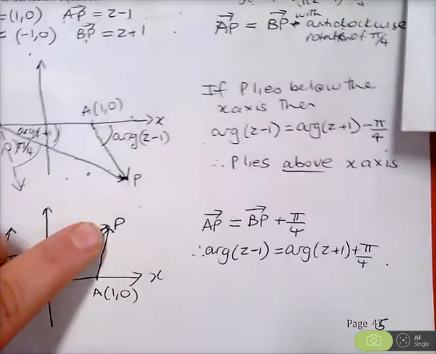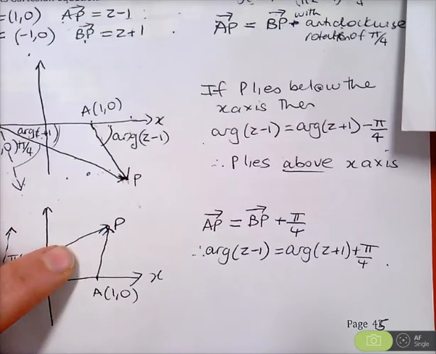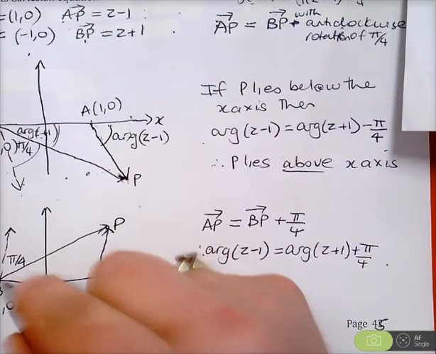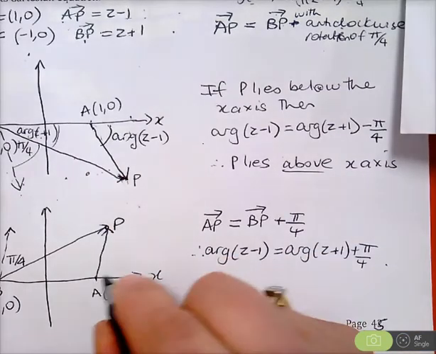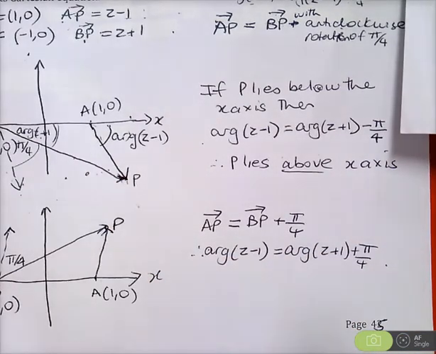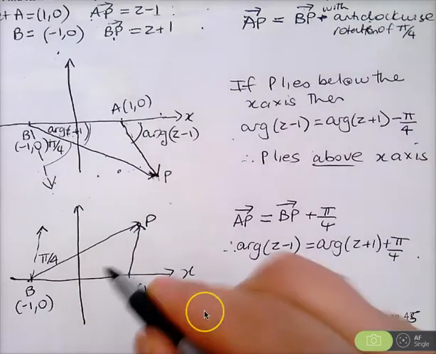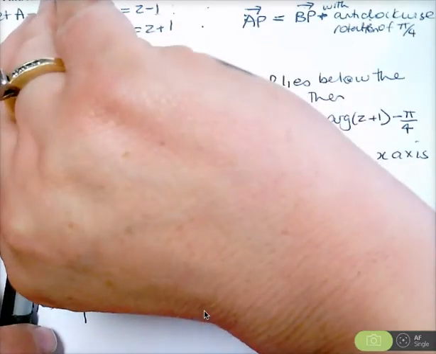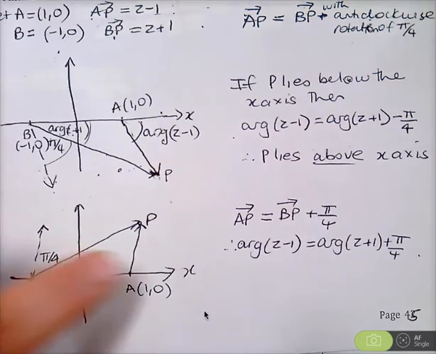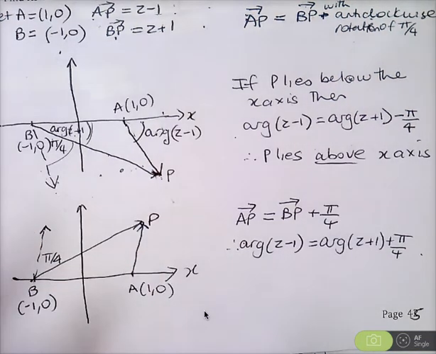So we've got, therefore, that P lies above the line. Because of alternate angles as well, just one sec. With P being up here, BP plus an anti-clockwise rotation of pi on 4 gives you the same direction as AP. Got it?